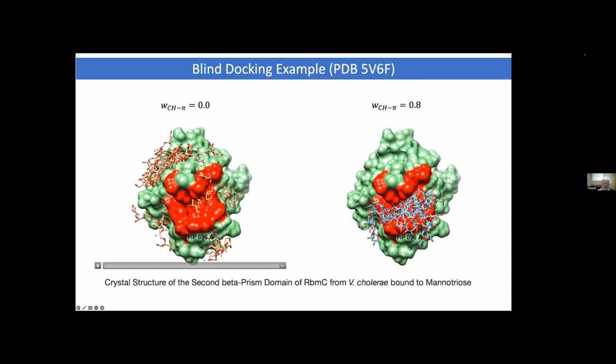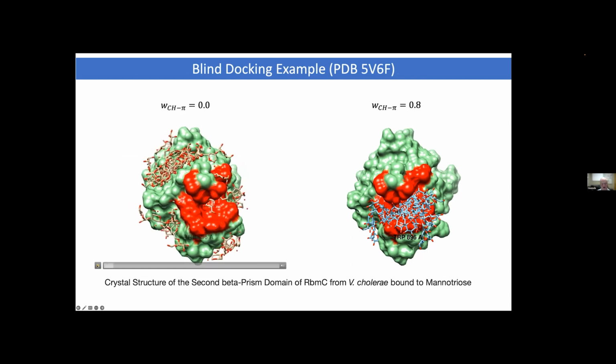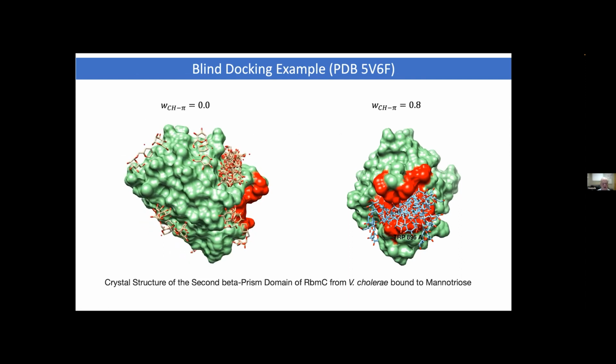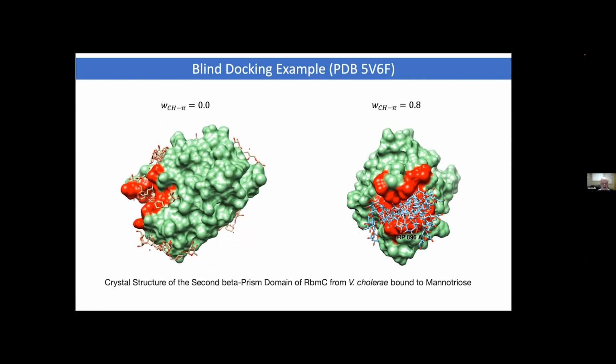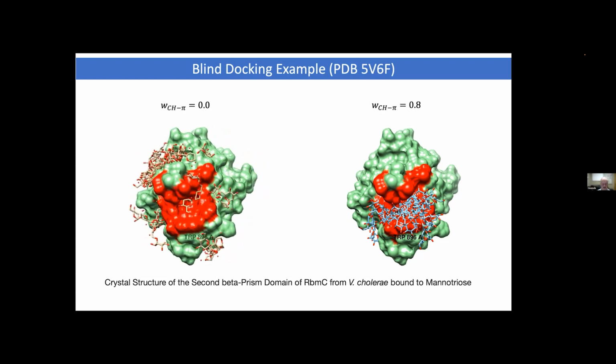And that's shown here. This is VINA docking a sugar to a protein. And we studied several systems, but this one's a representative. The protein surface is green, the binding site is red. When you apply VINA and you take the top 20 poses, you can see they really cover the entire surface with a few of them in the binding site.